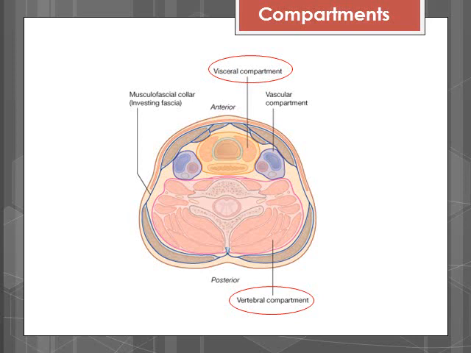Also, this compartment contains parts of the respiratory and digestive tracts. The vascular compartments, 2, 1 on each side of the neck, contain the major blood vessels and the vagus nerve.